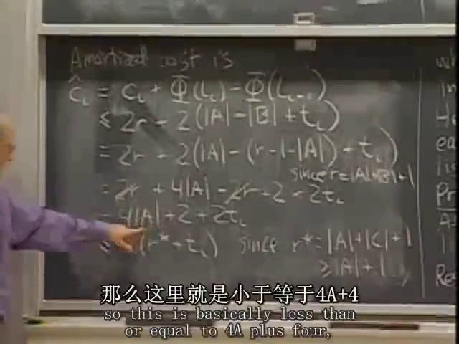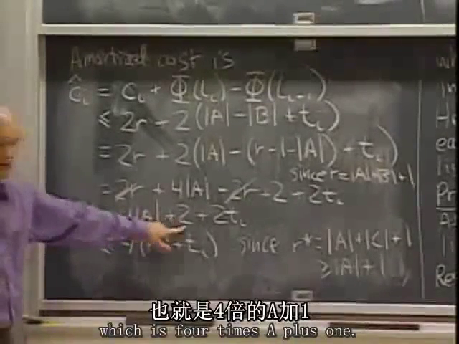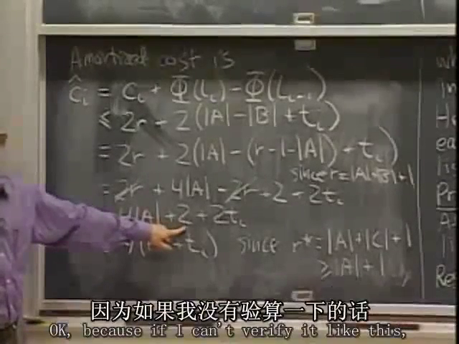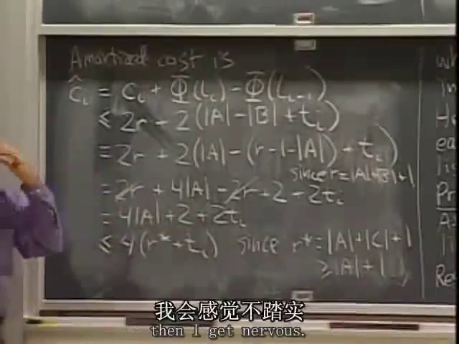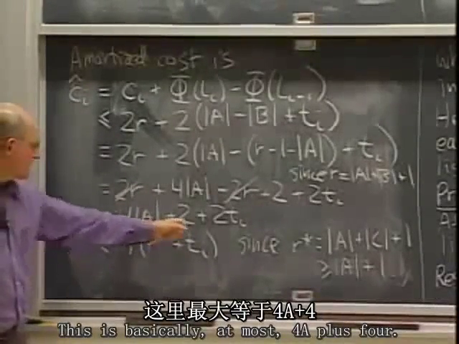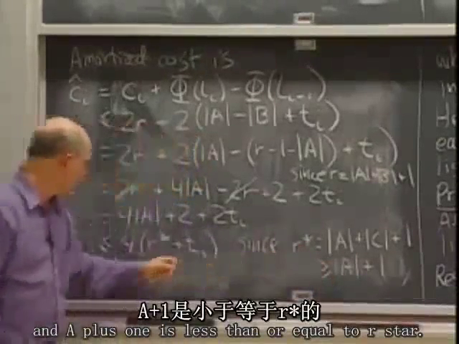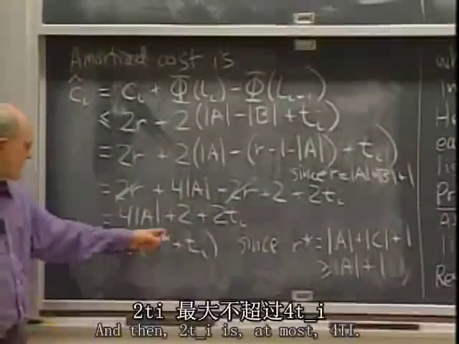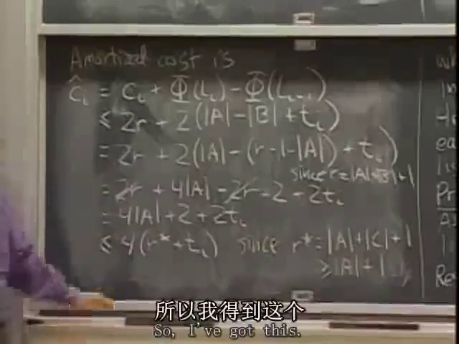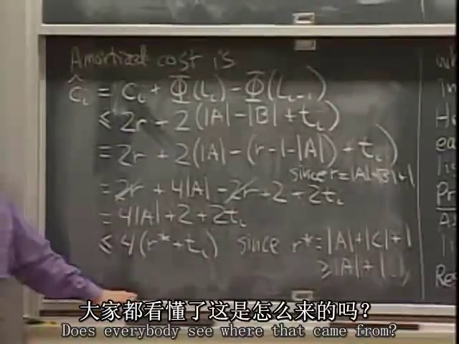So this is basically less than or equal to 4a plus 4, which is 4 times a plus 1. Probably should have put in another algebra step here, because if I can't verify it like this, then I get nervous. But this is basically at most 4a plus 4. That's 4 times a plus 1, and a plus 1 is less than or equal to r star. And then 2ti is at most 4ti. So I've got this. Does everybody see where that came from?